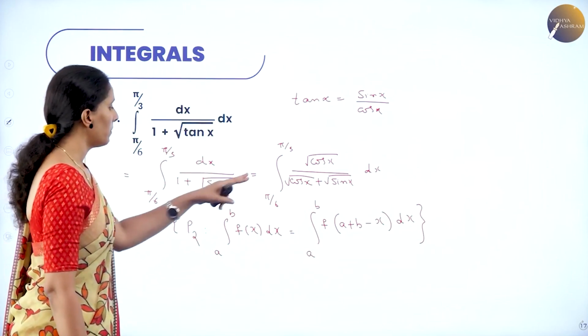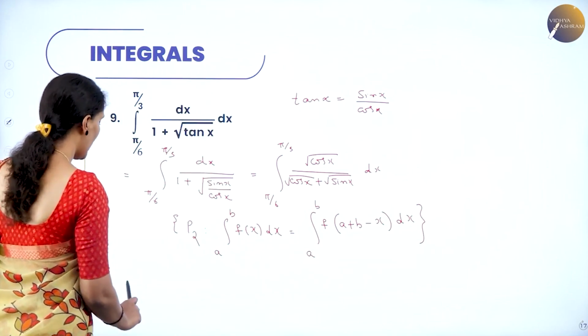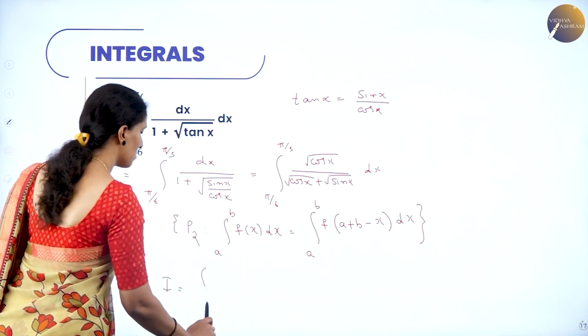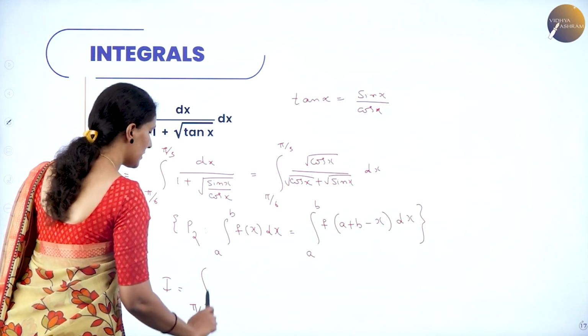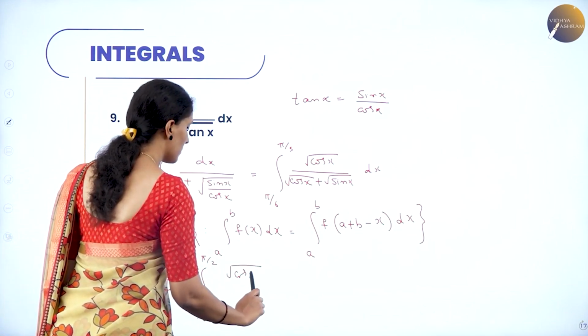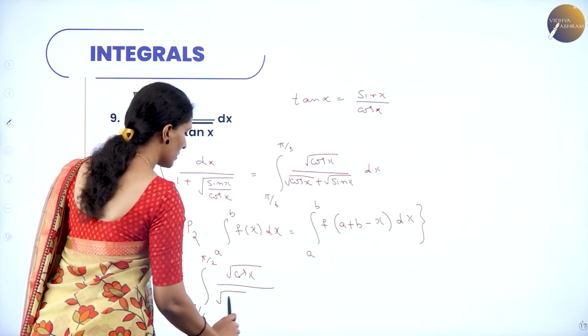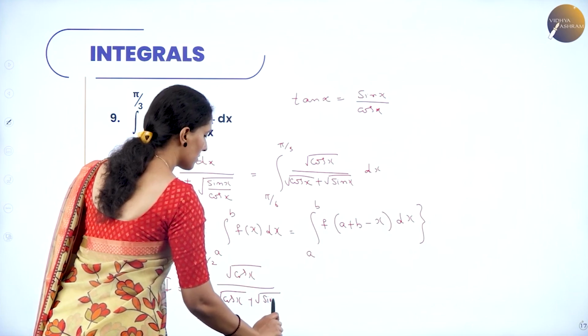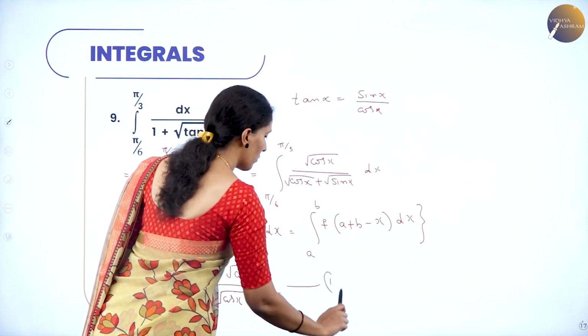So let I is equal to the integral from pi by 6 to pi by 3 of root cos x divided by root cos x plus root sin x. Let me take this as equation 1.